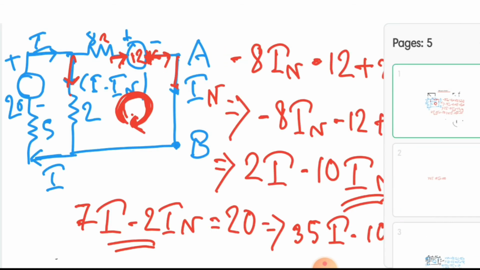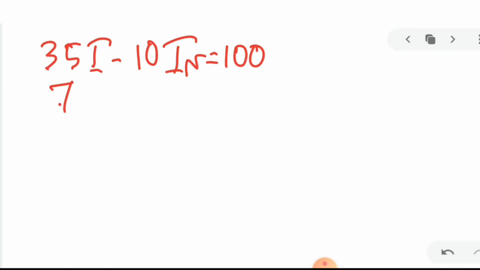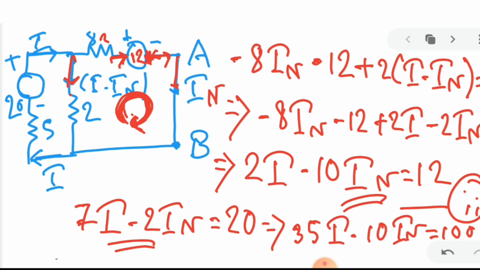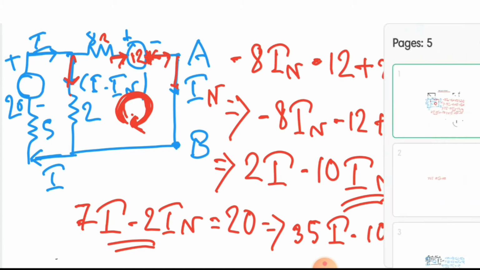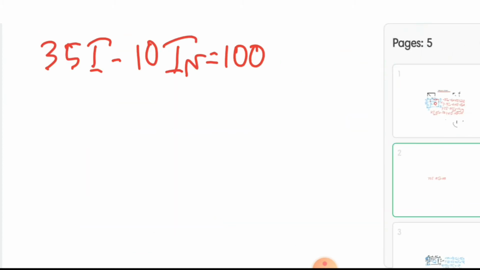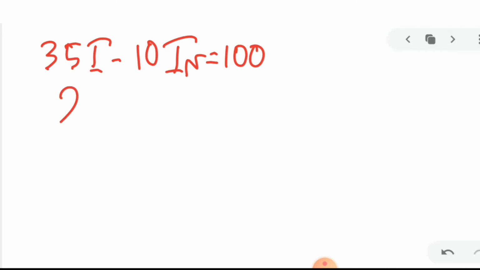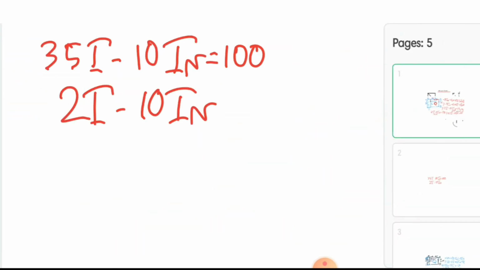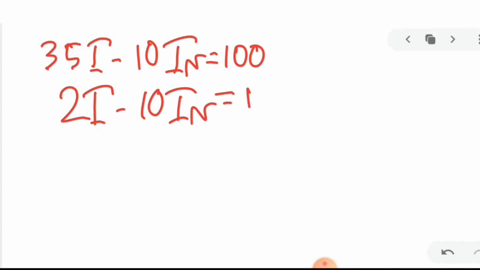And what is the second equation? The second equation is 2I minus 10IN equals 12.